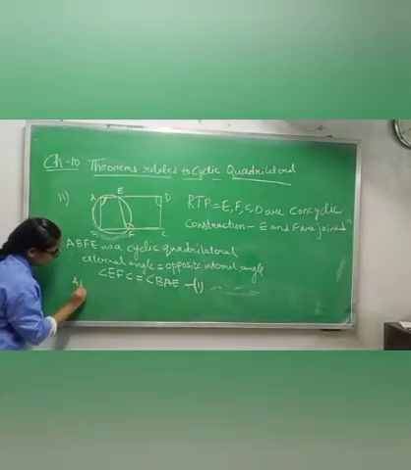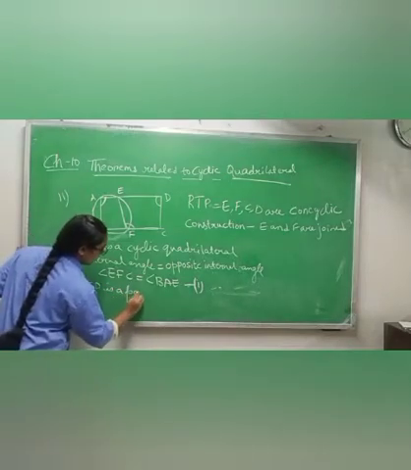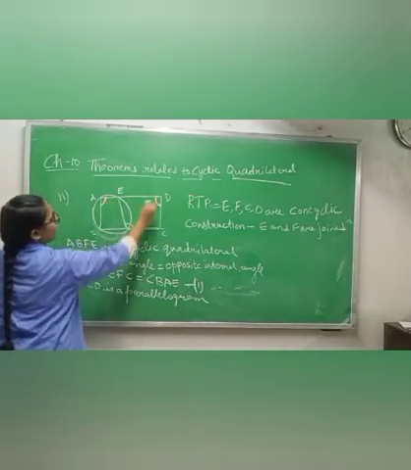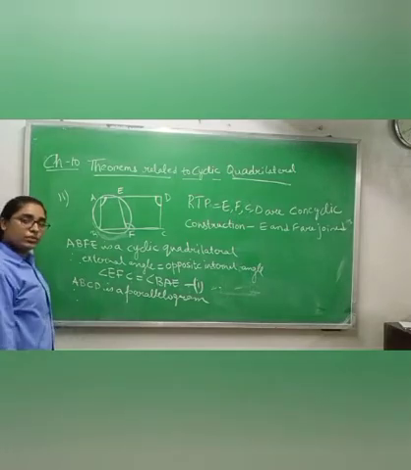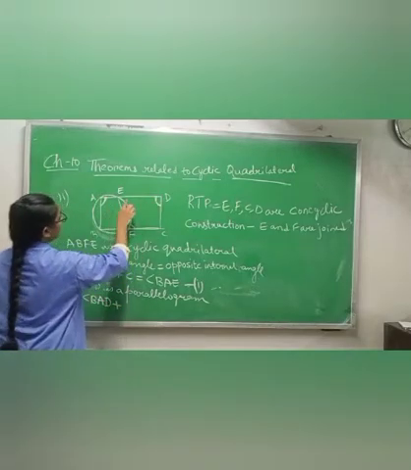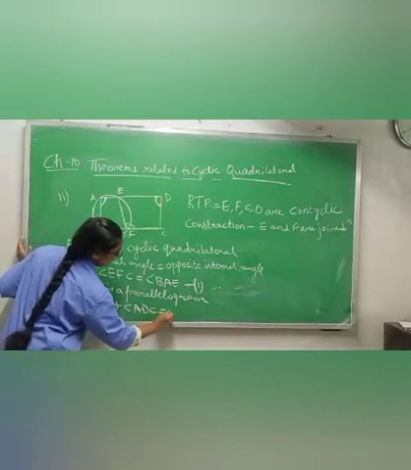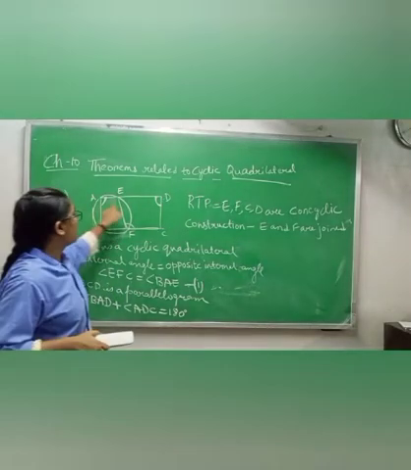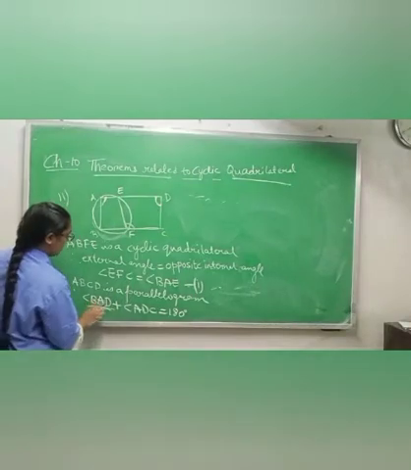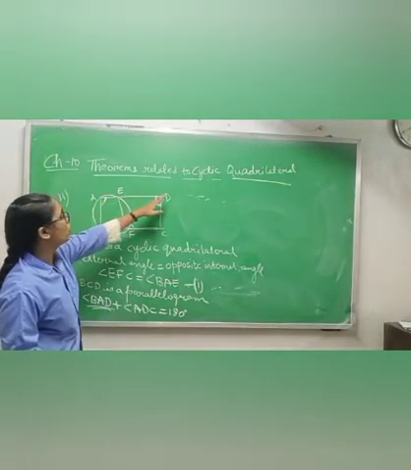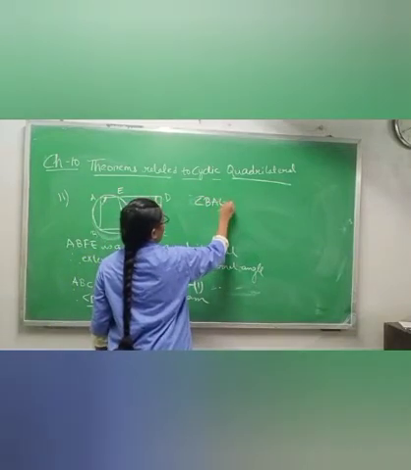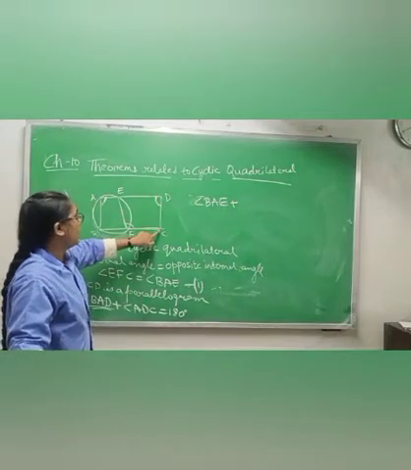After that, ABCD is a parallelogram, it is given. Therefore, angle BAD plus angle ADC equals 180 degrees, because in a parallelogram the sum of adjacent angles is 180 degrees. Now in place of BAD you can write BAE, and in place of ADC, I am writing EDC.